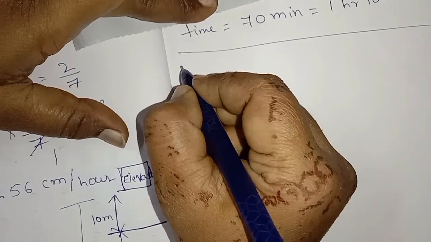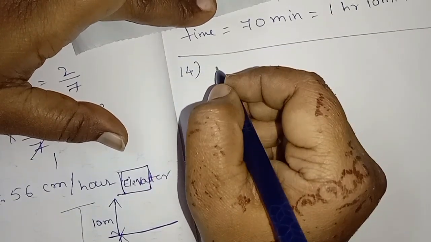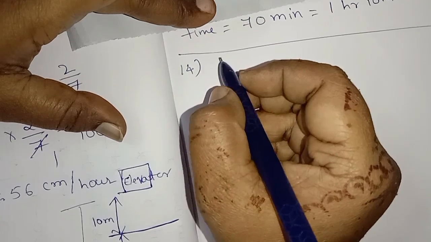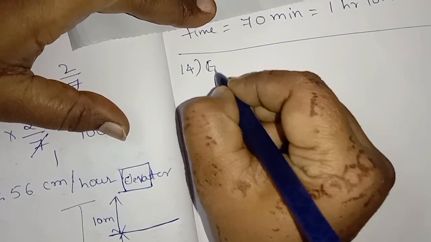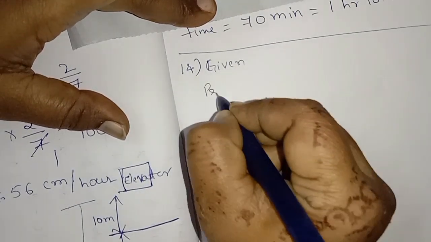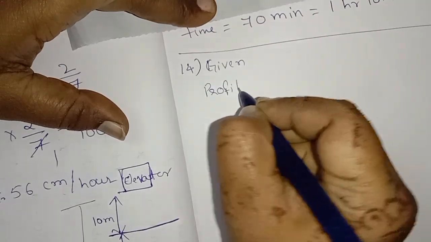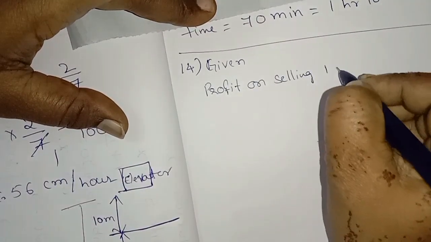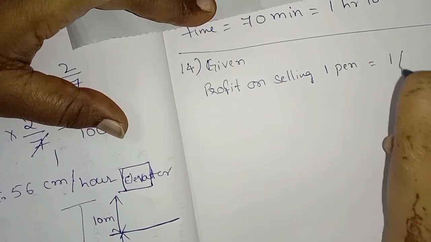14th question, section 3, first question. Given: profit on selling one pen equals 1 rupee.